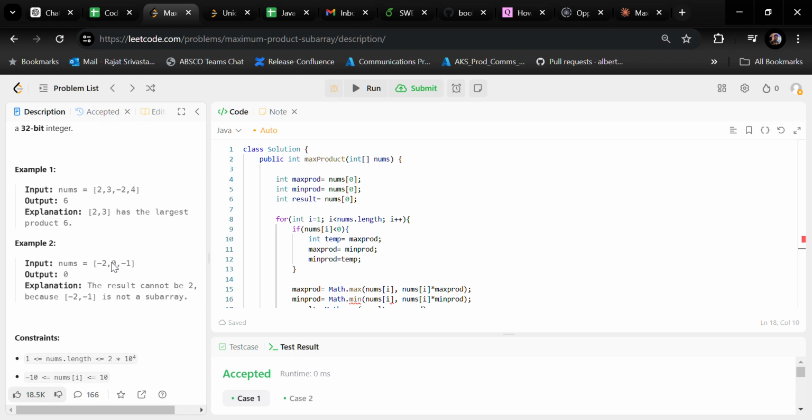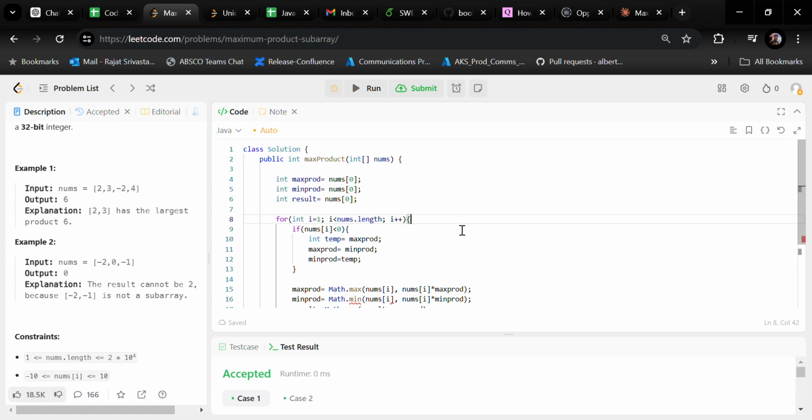The tricky part is with these negative encounters, where we have to make sure that the swapping of max product and min product is done before the negative multiplication, because if we don't swap, the maximum will contain the minimum value and the minimum will contain the maximum value.